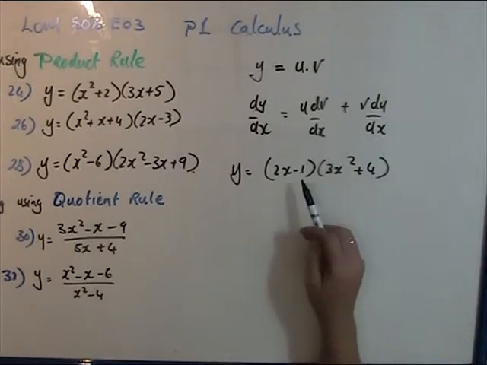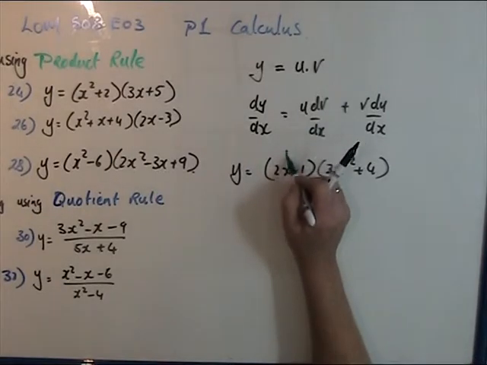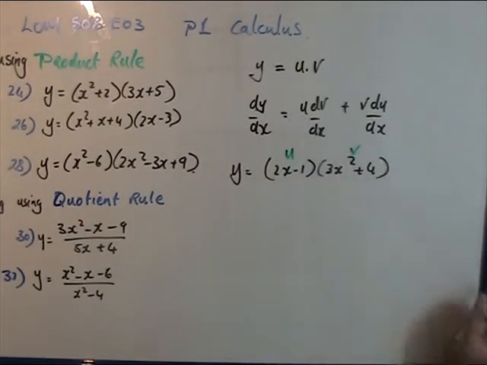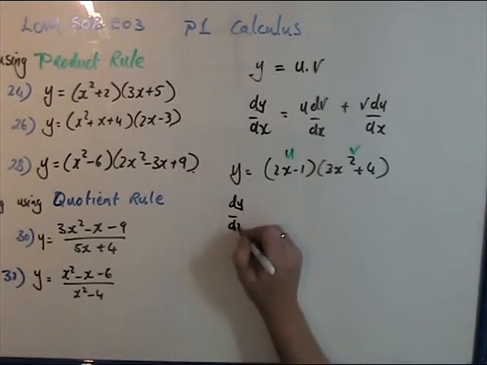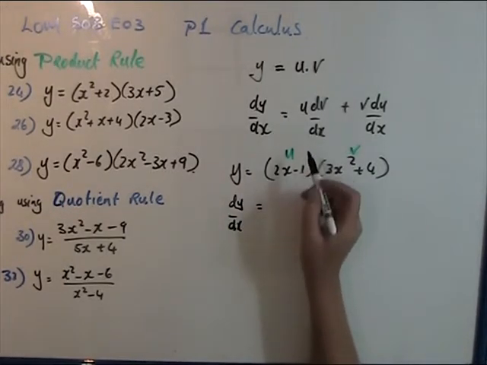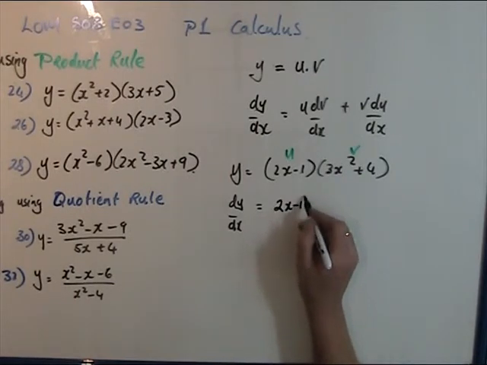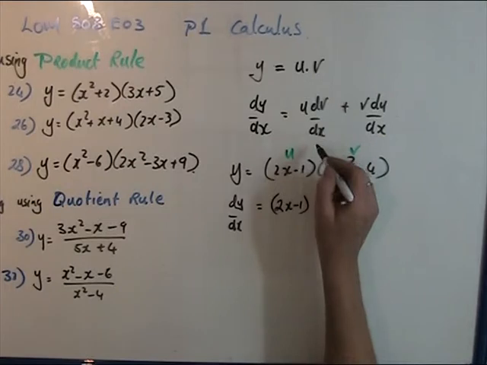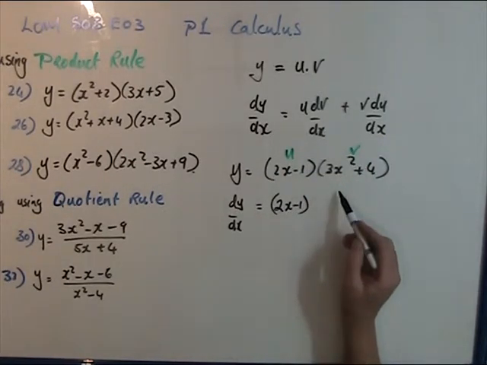But they can get more complicated. So first of all, I label u and v, so I don't get confused. So dy/dx is equal to u times dv/dx, so u is (2x minus 1), brackets. dv/dx means you have to derive v with respect to x.